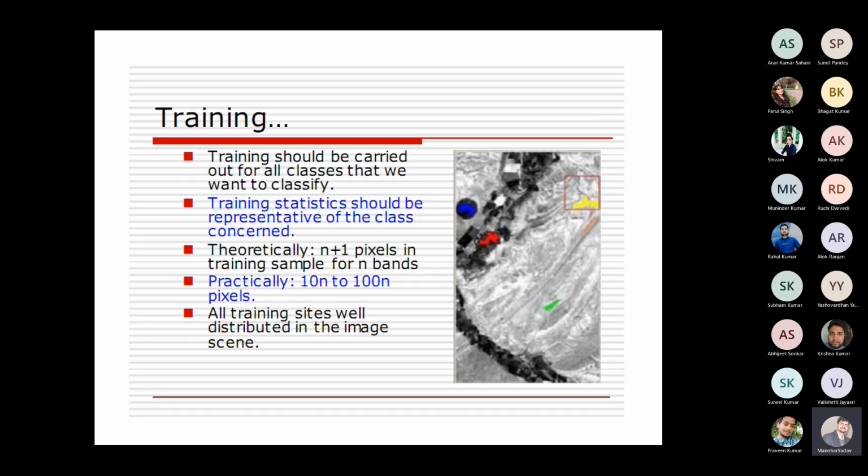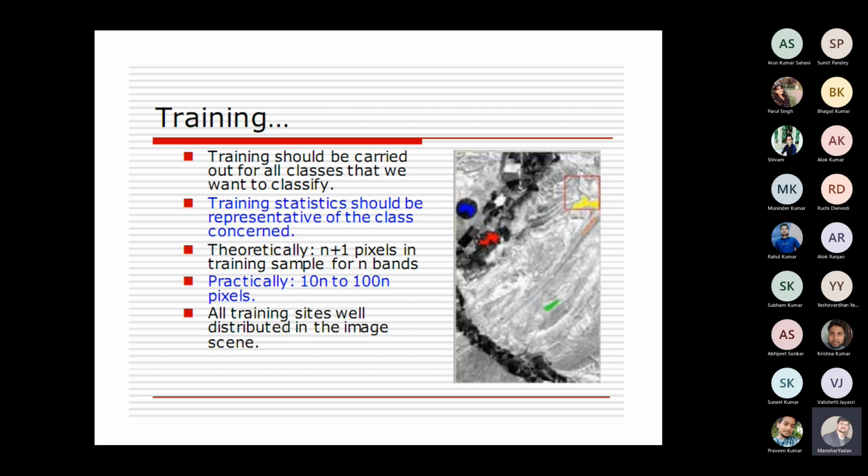Now, the training stage has to be carried out for all the classes that we want to classify, and the training statistics should be representative of the class concerned. Once we have the digital numbers for various classes, using those digital numbers we can calculate the statistical parameters.